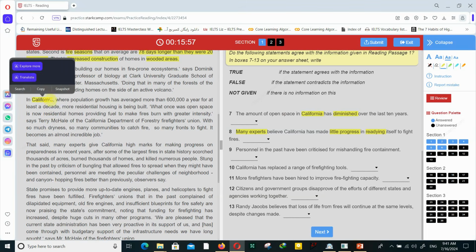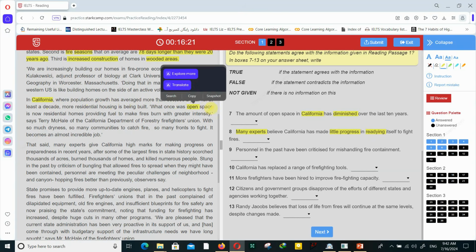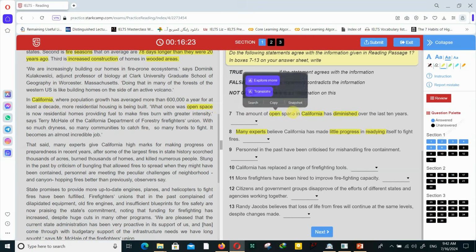In California, be careful, where population growth has averaged more than 600,000 a year for at least a decade, more residential housing is being built. What once was open space, be careful, amount of open space, is now residential homes providing fuel to make fires burn with greater intensity.